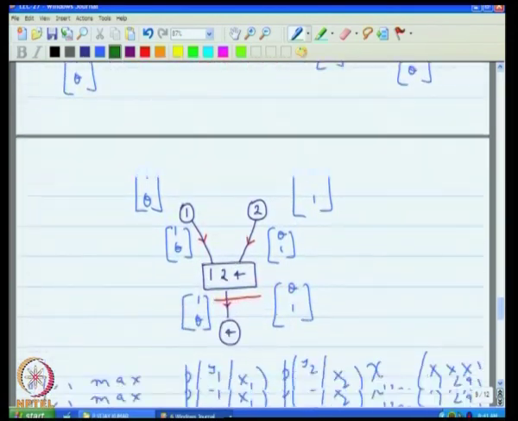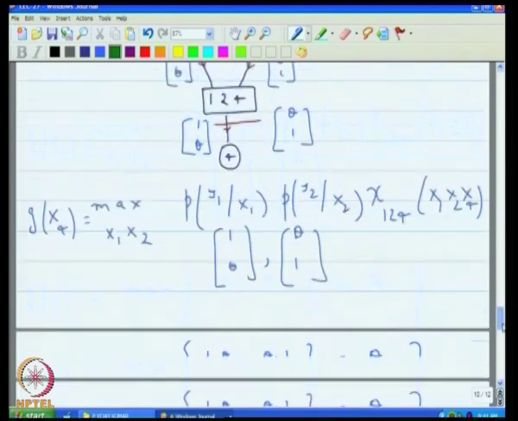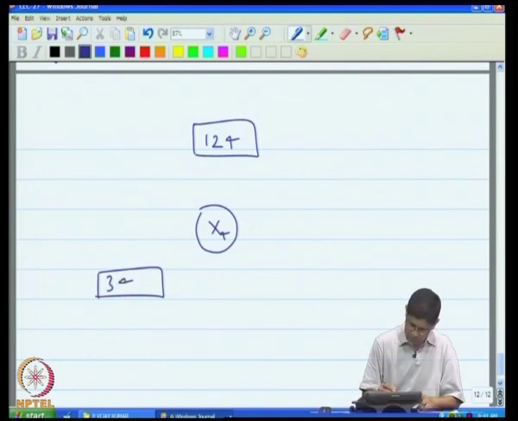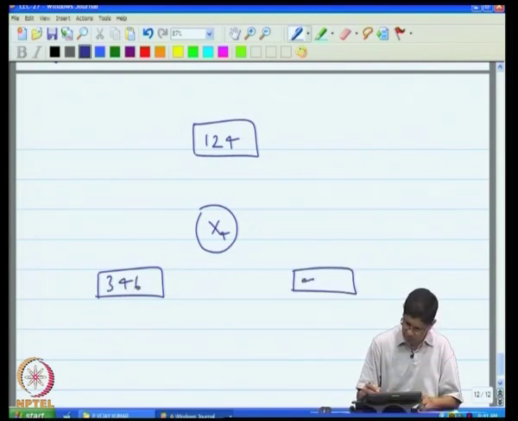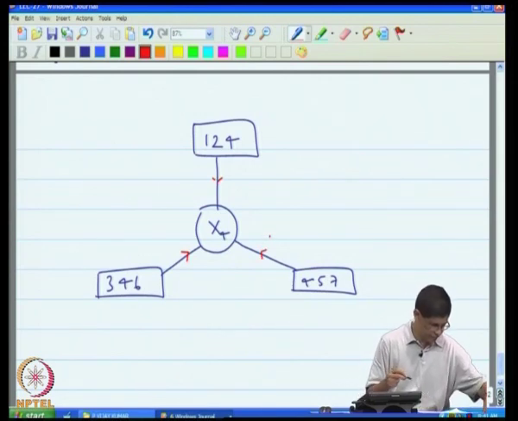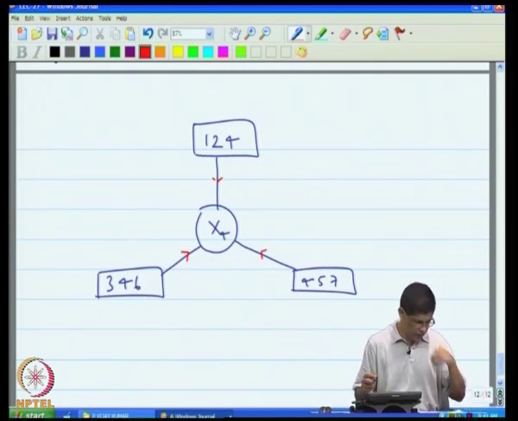So, at the end what you are going to be left with is the following computation. You have x 4, and from 1 to 4, 3, 4, 6 and 4, 5, 7. All of the incoming messages are the same and correspond to theta 1.